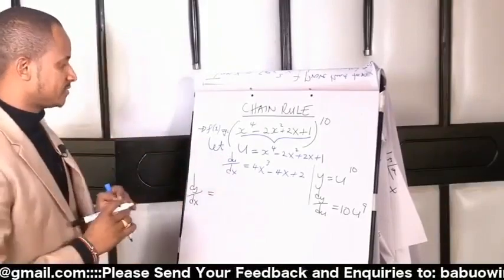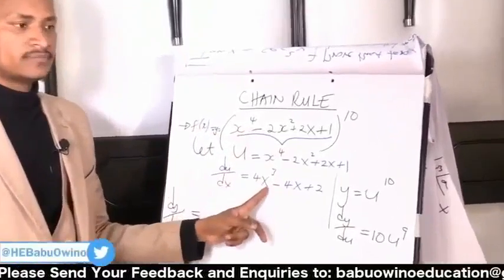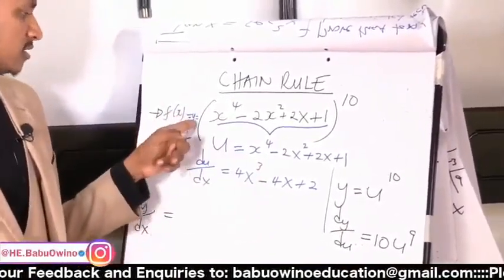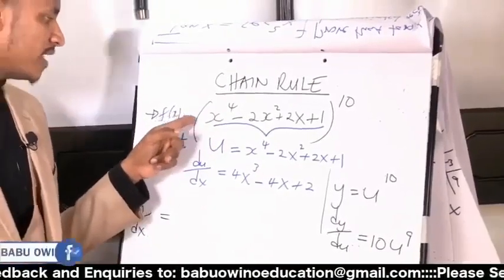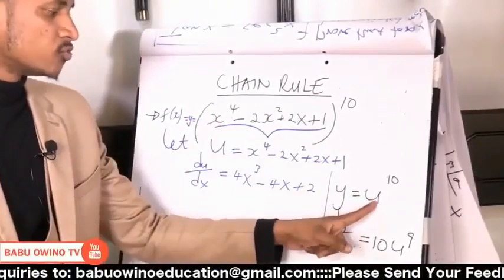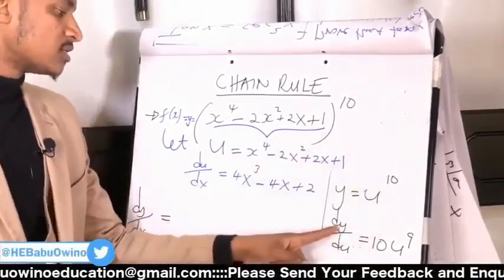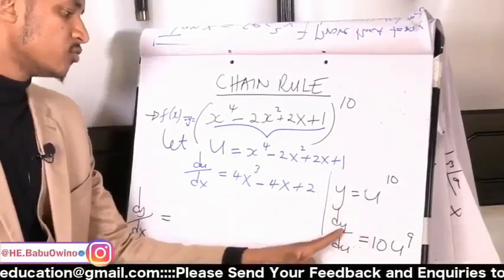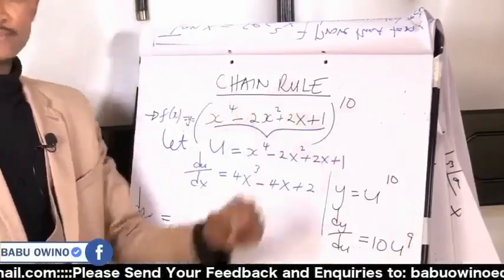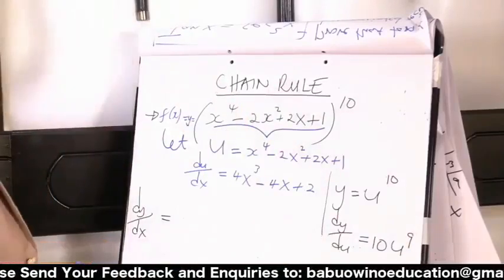Remember, we just let this be equal to u. Then we differentiated it to get du dx. Then we rewrote this equation as y equals this value raised to power 10. But this value we said is equal to u. So it's the same as y equals u raised to power 10. Then again we got dy with respect to u. You differentiate this, so we get 10u raised to power 9.